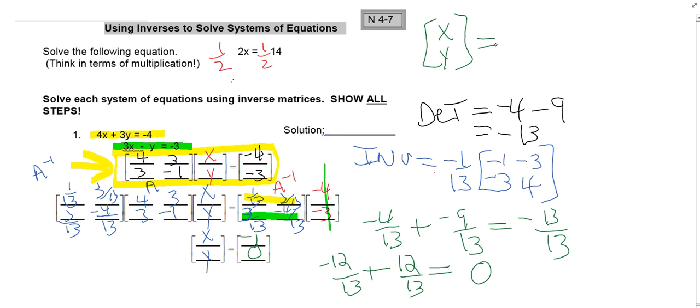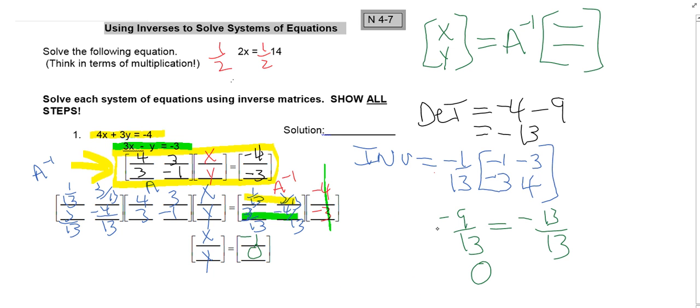we're multiplying A inverse times the answer matrix, which is this 2 by 1. So we have two elements over here. So let's just pull this up, and let's do it with the calculator.